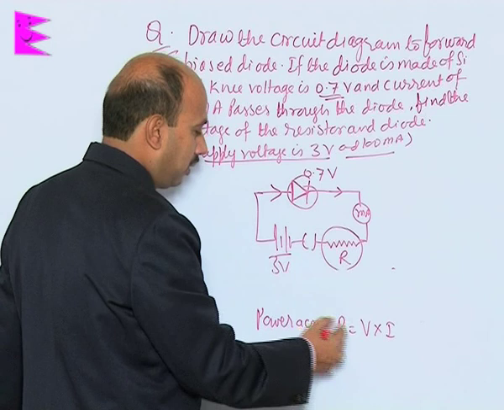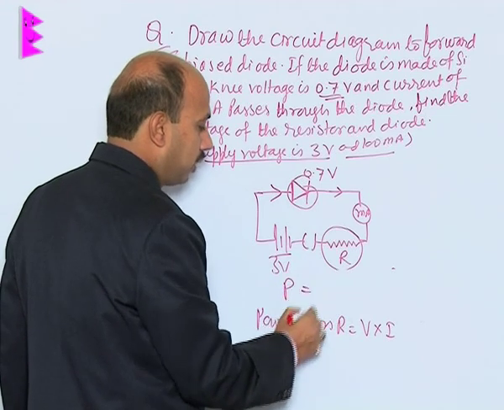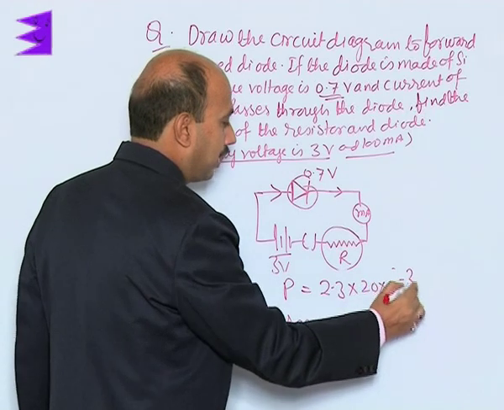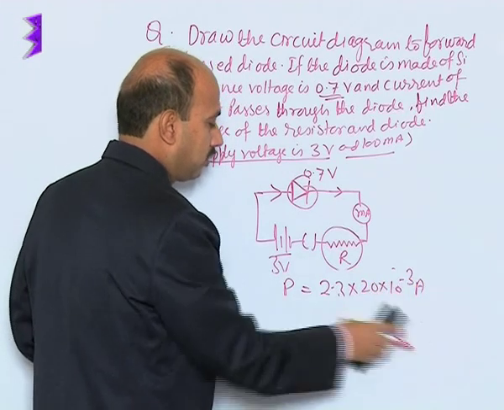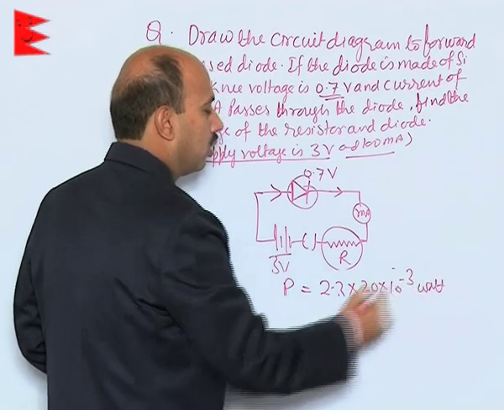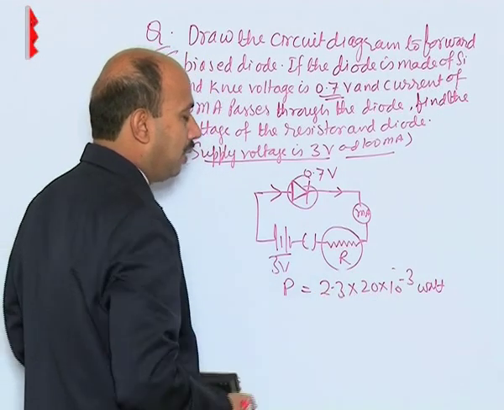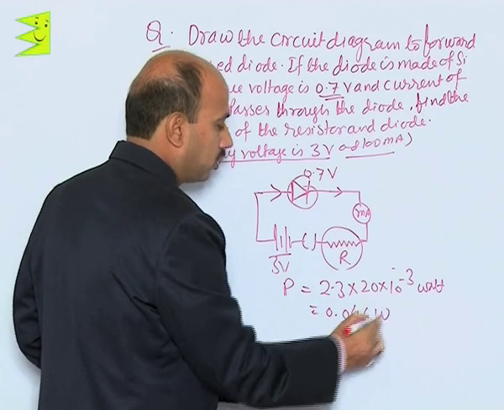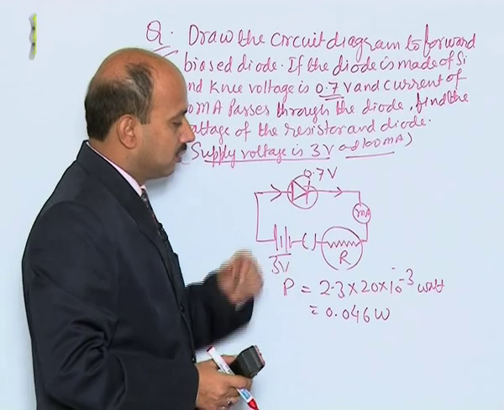So power is equal to 2.3 into 20 into 10 raised to power minus 3 ampere. Here this is the current, and the unit is the watt. When we multiply, we get 0.046 watt. This is the wattage of the resistor.